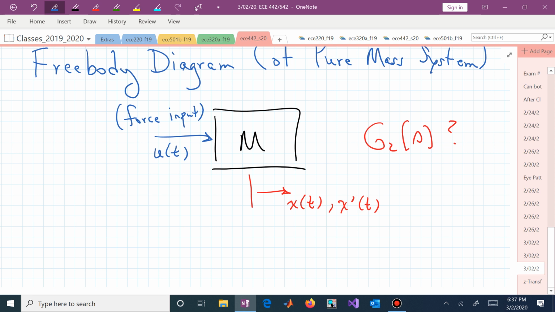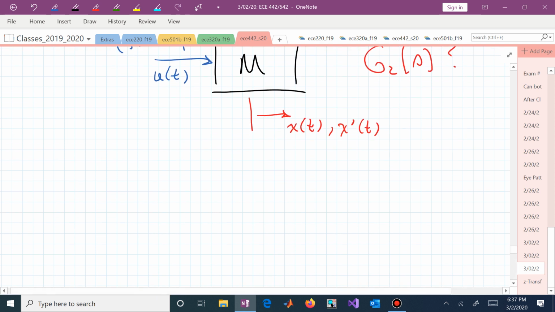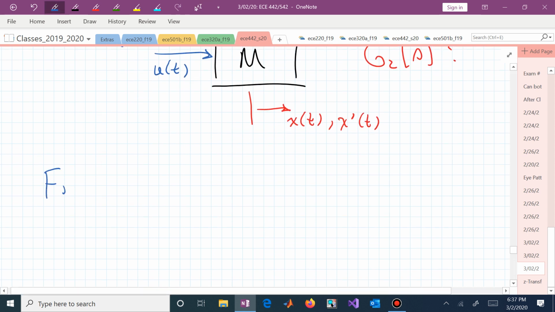What does that mean? F is equal to MA. And what is A? Stands for apple. No, A stands for acceleration. And acceleration in terms of x is x double prime. So from physics, I know this is making you weak in the knees. I'm going to have to pull a chair up here in a minute.